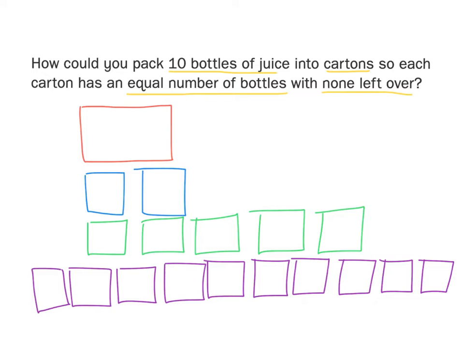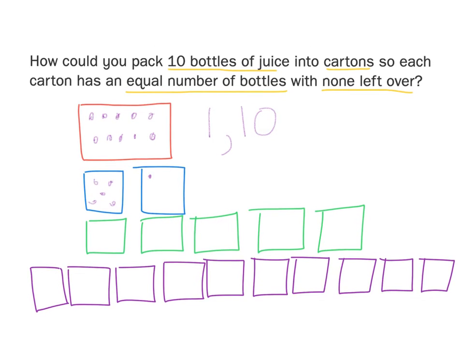So here we go. We are going to first focus on the red container there that we see, and we know that could have one container and we could put all 10 bottles in there. So the factors for that one would be 1 and 10. The next one, we could have 2 cartons. If we did 2 cartons, we would put 5 bottles of juice in each carton.